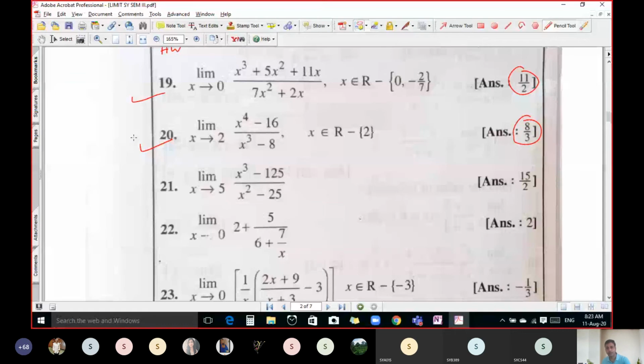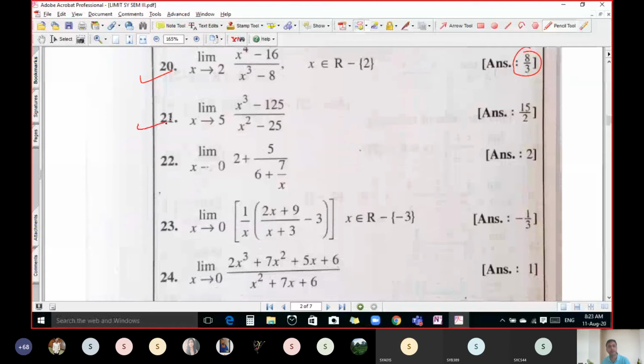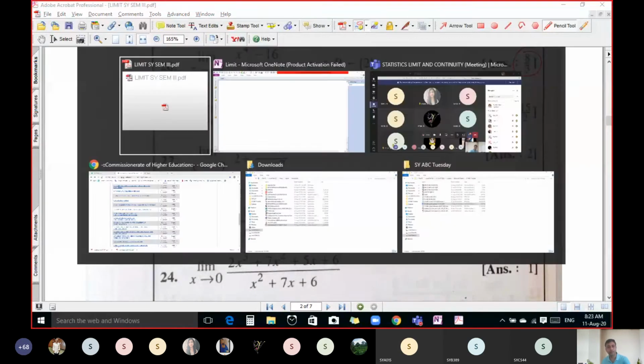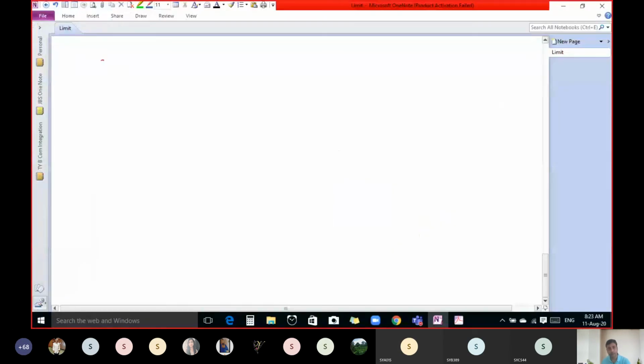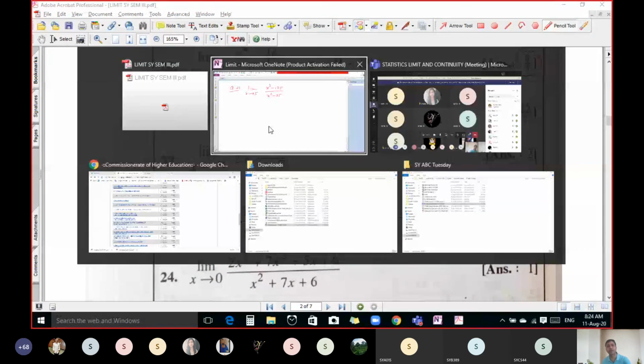Question number 21. Limit x tends to 5, x cube minus 125 upon x square minus 25. This is the question.